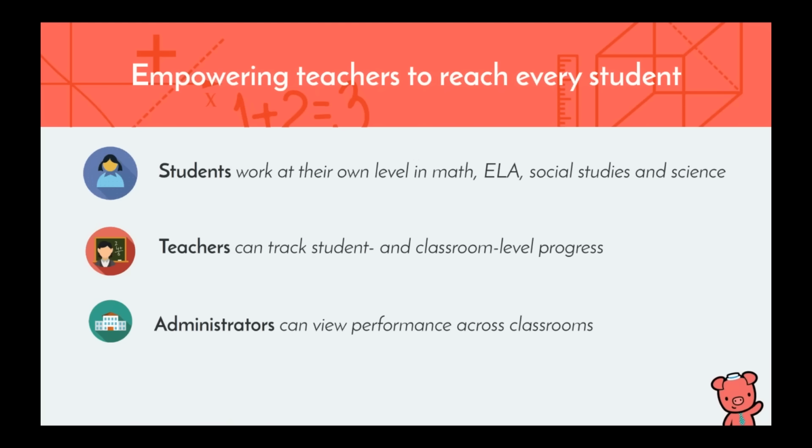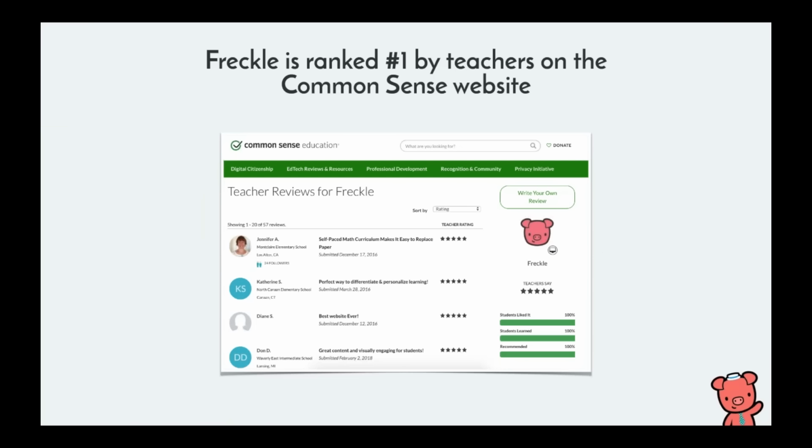So we've created a differentiation platform that allows students to work at their own levels across all 4 subjects, math, ELA, social studies, and science, and in which teachers can track the progress of both their students and their entire classroom, and that unlocks really key insights for administrators to tell them more about how their school is performing.